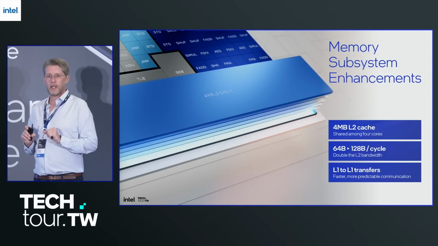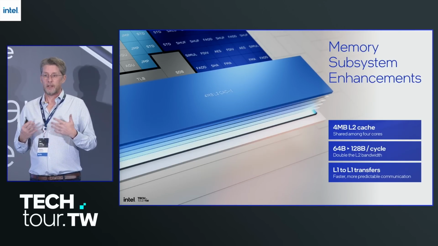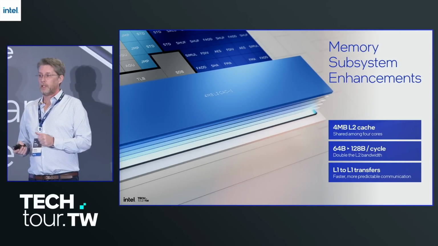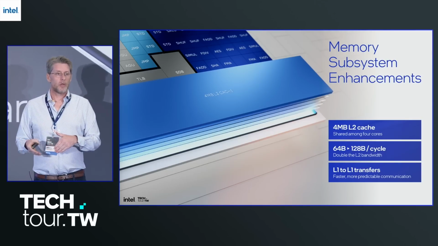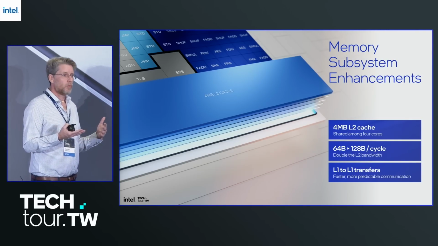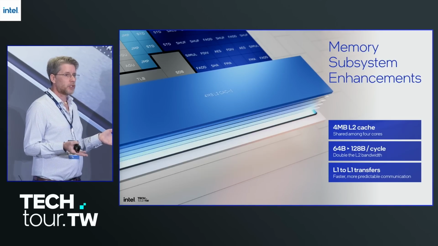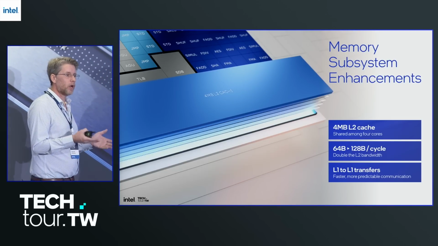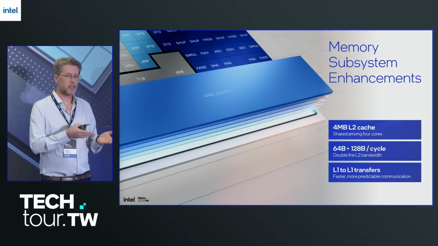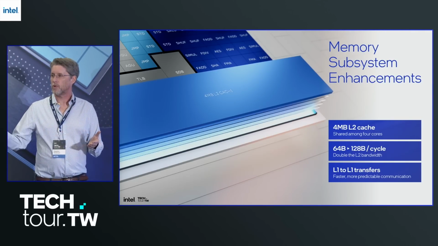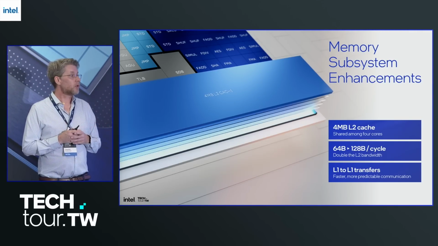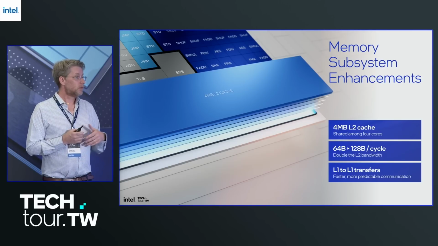So here's where Lunar Lake gets pretty interesting. Lunar Lake doubles that core count. It doubles the L2. So we went out of our way to try to improve that core count scaling. When I go from 1 core active to 2 cores active to 3 and 4 cores active, we wanted to provide more bandwidth. So we doubled our L2 bandwidth.